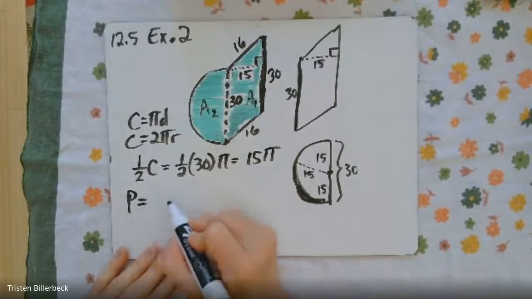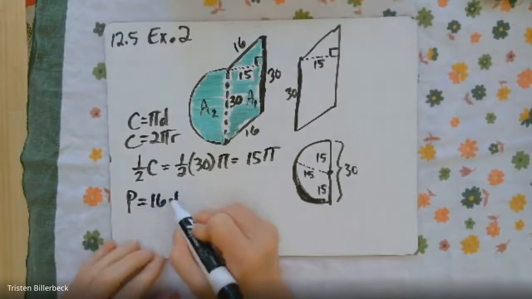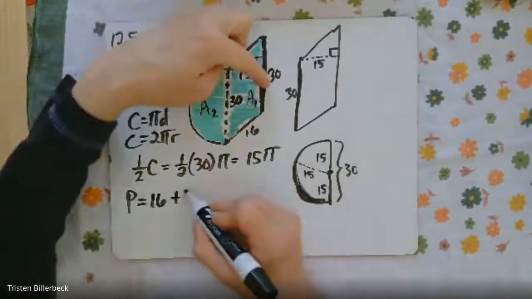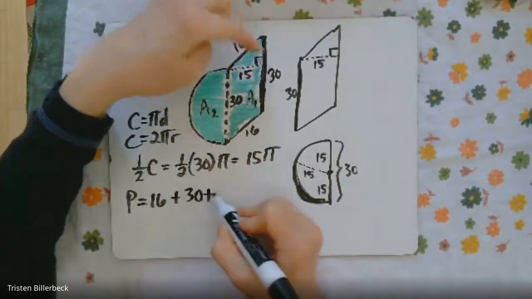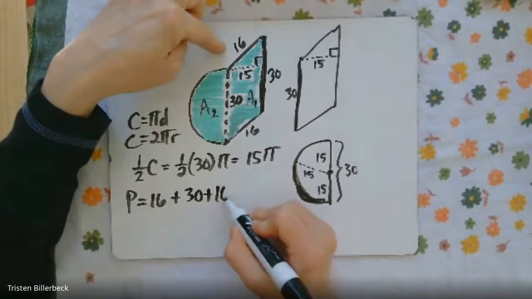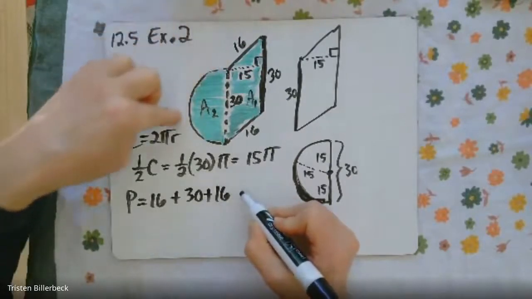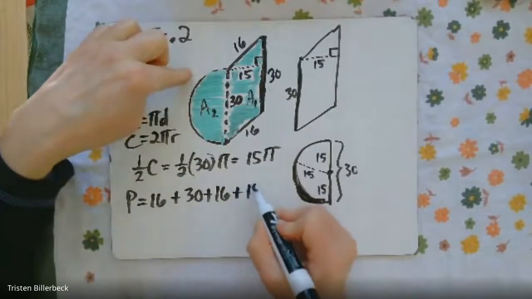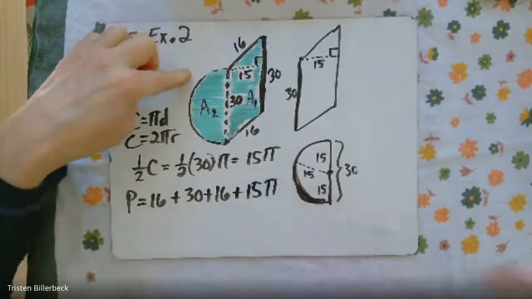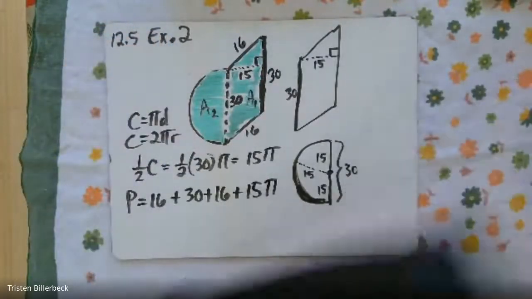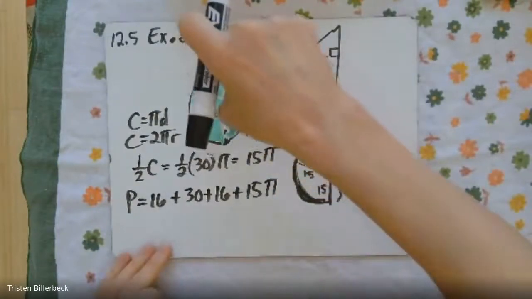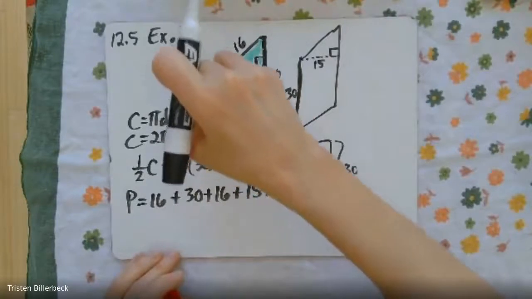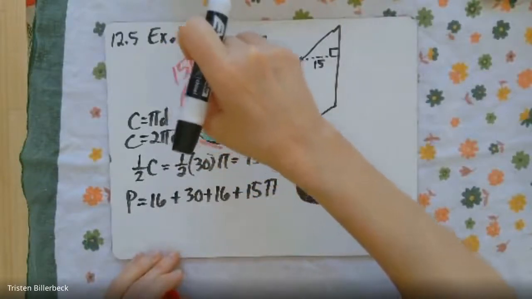So now we just add it up. So we have 16 plus 30 plus 16, and then plus the circumference here that goes around here is 15 pi. So if we were to highlight what that circumference was, this is the circumference here, which is 15 pi.